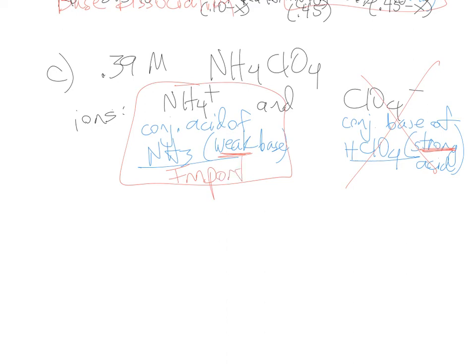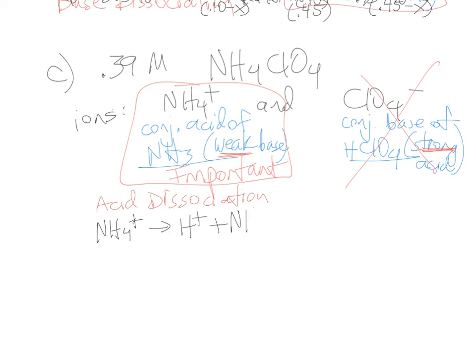So unlike in parts A and B, in part C, the positive ion is important. And since we have a conjugate acid, we'll write an acid dissociation equation following acid dissociation format. So we take NH4, draw an arrow, and show it kicking off a proton and becoming NH3. We'll ice that down.